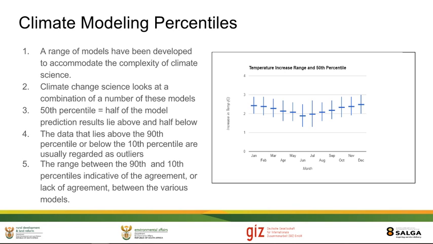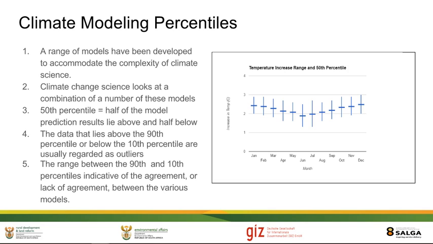A range of mathematical models have been developed by climate scientists to try and accommodate the complexity of climate science. These models show slightly different results depending on the assumptions and the calculations used in the models. So to get an overall picture, climate science looks at a range of these models. The results of these modeling exercises are then grouped into ranges called percentiles.